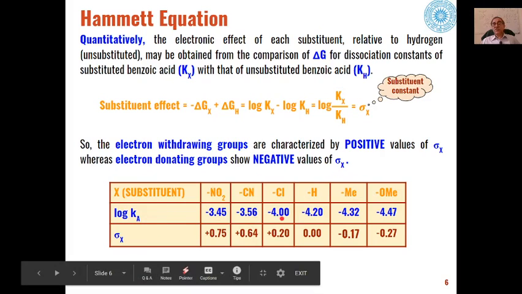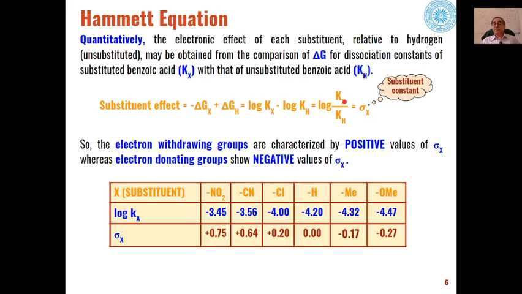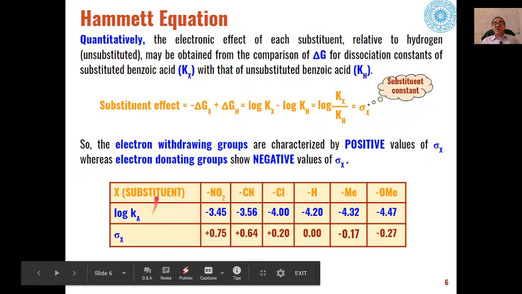We have already seen the values of log Ka for different substituents. Ka here means Kx, where A is acidity. In the case of benzoic acid, when it is substituted, this is the value of Kx.